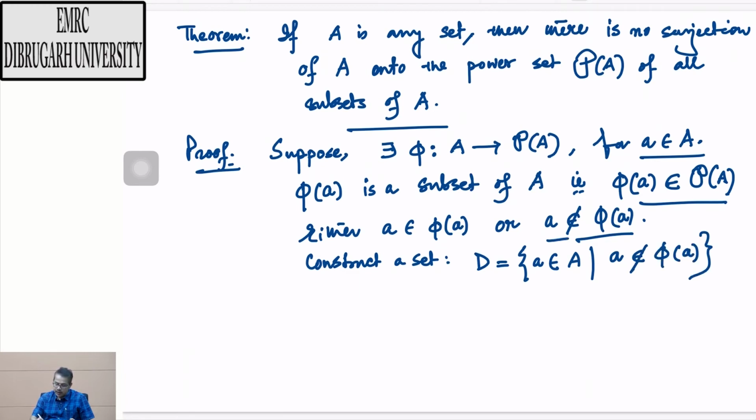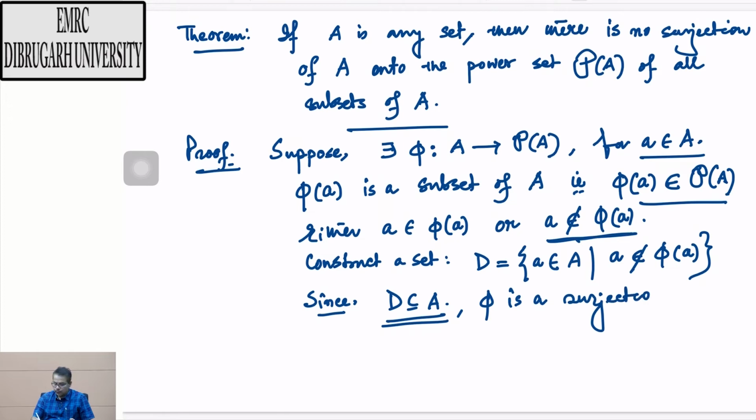That is, we are taking the second condition and we construct a set D. Now, since D is a subset of A and phi is a surjection, D must have a pre-image under phi.